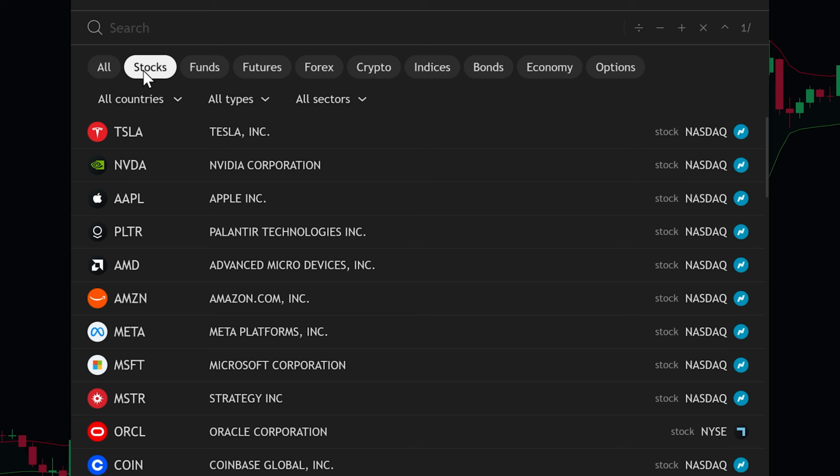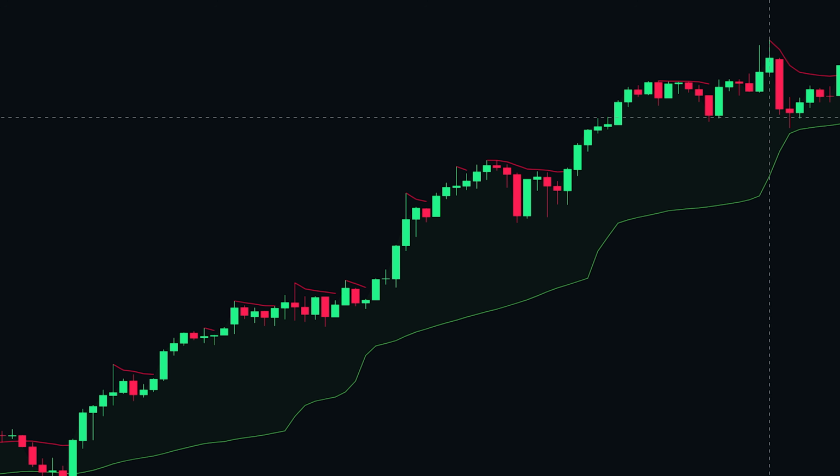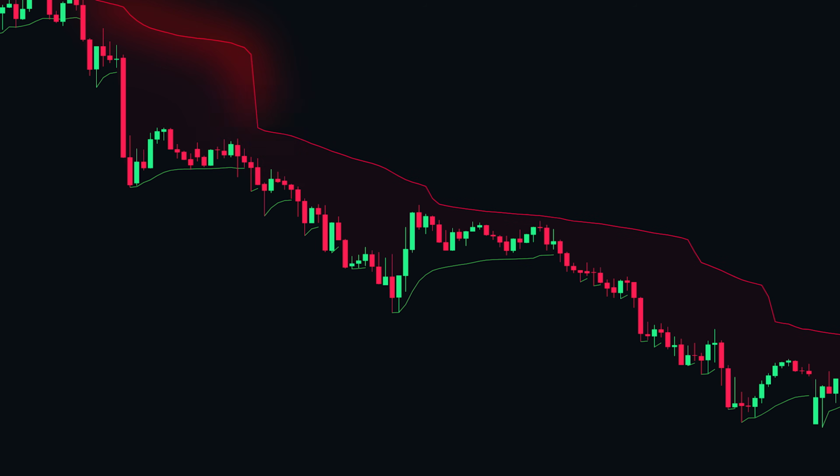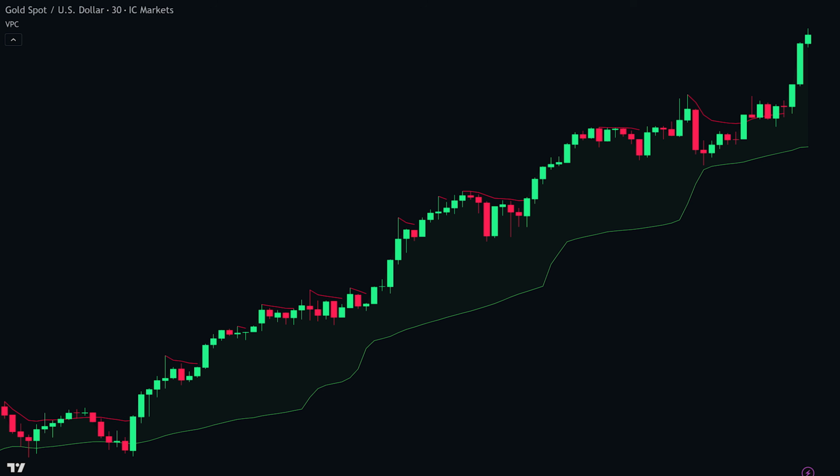Alright, once you drop the VWAP Price Channel onto your chart, here's what instantly stands out. You'll see smooth channel lines wrapping around price. These lines are anchored VWAPs. The green lines form during uptrends, and the red lines form during downtrends. When the channel stays green, price is trending higher.